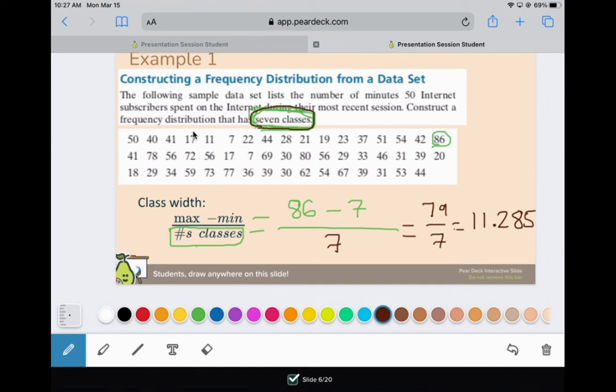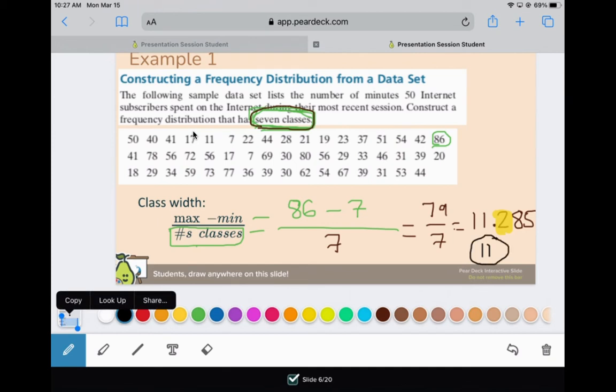We don't want to use a decimal as class width, so we're going to round up or down depending on the decimal that we get. We want a whole number. Let's review a little bit: if my decimal is 2, do I round up or down? We go down. If it's 5 or higher, then I will round up. So my class width will be 11.